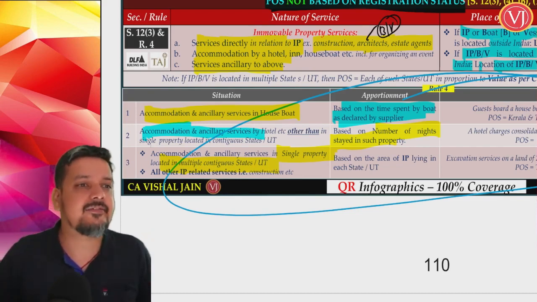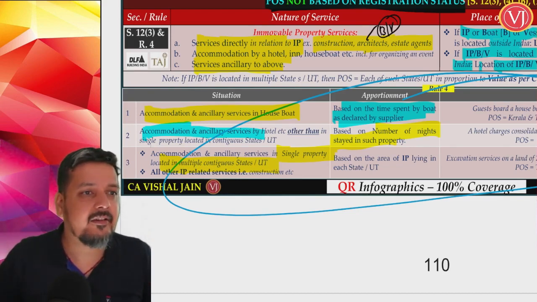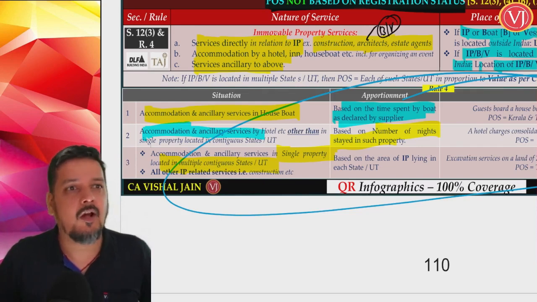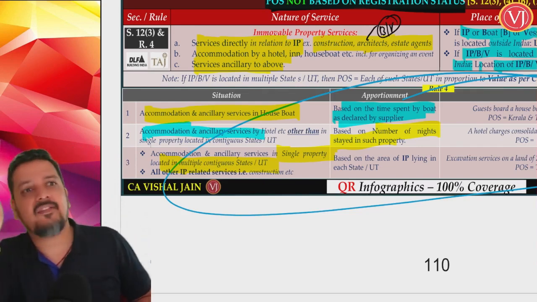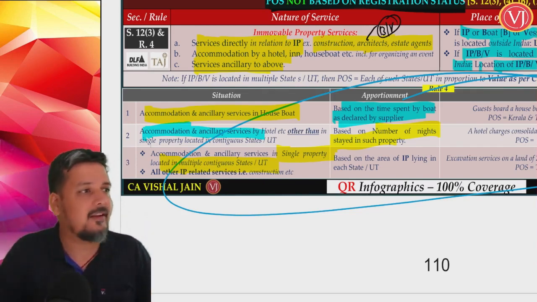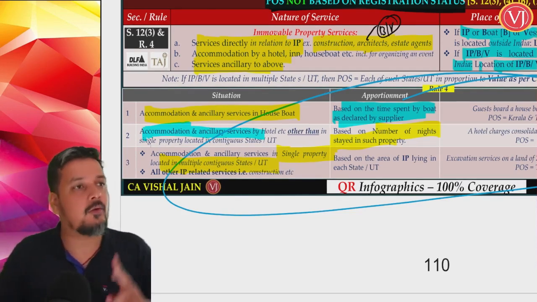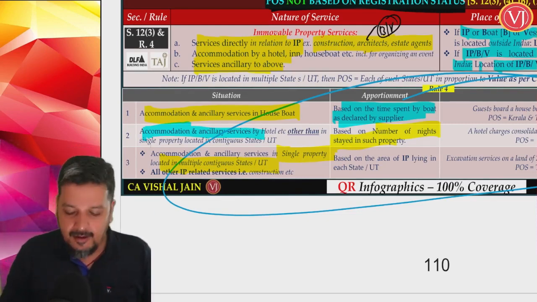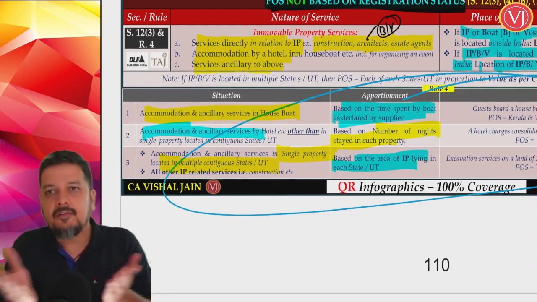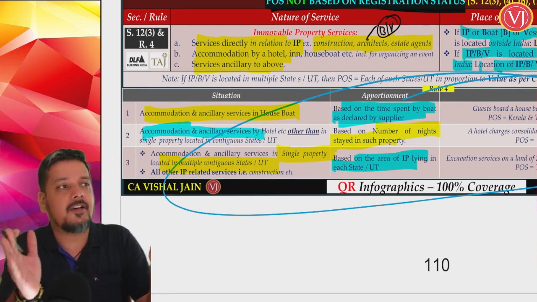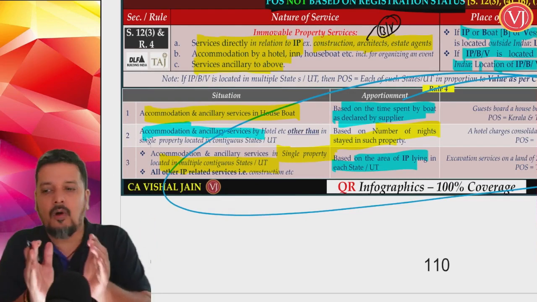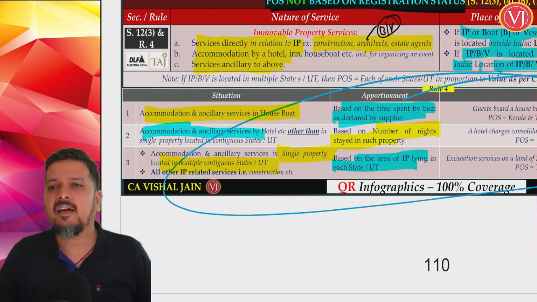I stay in that resort. Now, it cannot be that which room I stay in decides the place of supply. That cannot be the logical answer. What is the logical answer? Place of supply for the whole stay will be 2 states, Tamil Nadu and Kerala. How to split it? Based on the square feet of the resort in Tamil Nadu and square feet of the resort in Kerala.